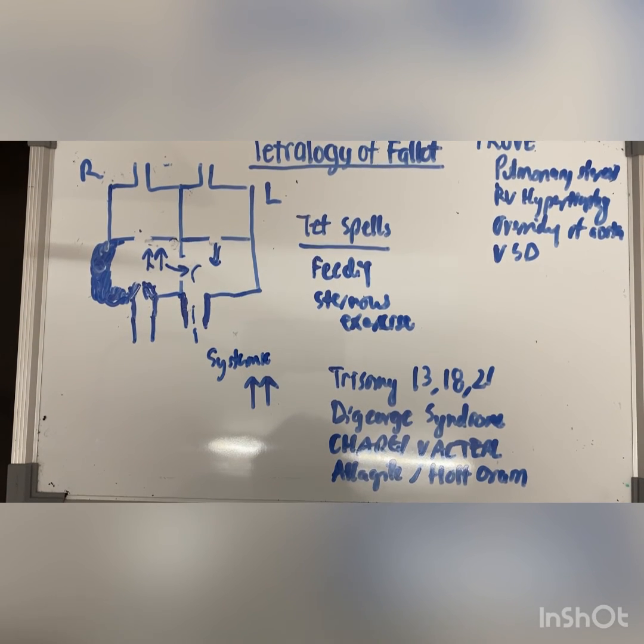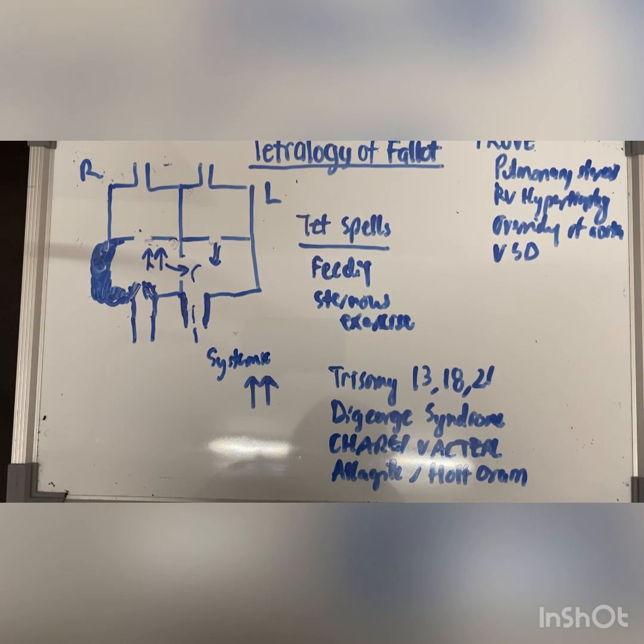For the pharmacological treatment, it is by increasing the preload by giving fluid boluses, or to decrease the catecholamine production, which is by giving IV morphine, and to decrease the heart rate, usually we start a beta blocker.